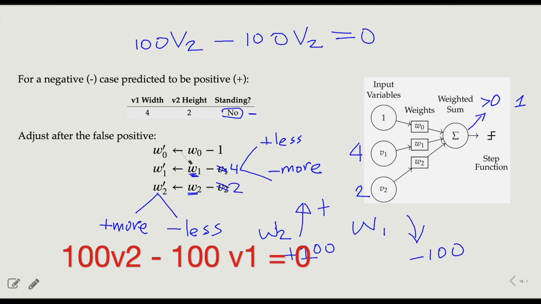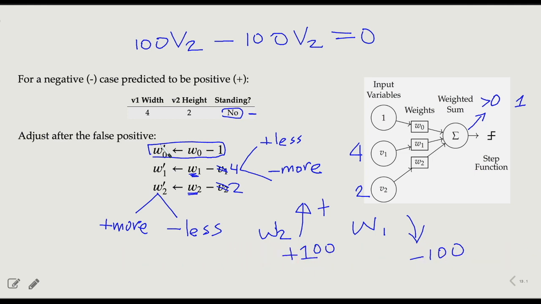Now, what about W0? In the first case, with the false negative, we are going to add 1 to W0. In this false positive case, we are subtracting 1 from W0. So W0 is actually going to fluctuate. It will be subtracted, added, subtracted, added.